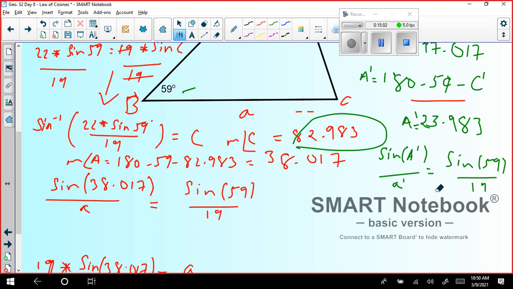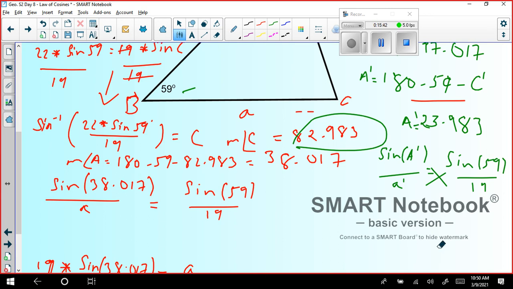Simplify this by cross multiplying, and you'll get a dash as 19 times sine of 23.983 divided by sine of 59, which gives us 9.010.